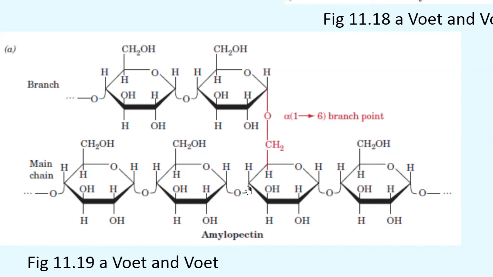Amylopectin, however, is branched. In addition to alpha-1, 4 bonds, amylopectin also contains alpha-1 to 6 glycosidic bonds. These alpha-1 to 6 linkages give rise to branch points.